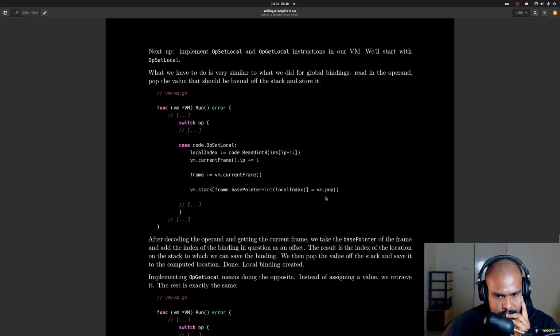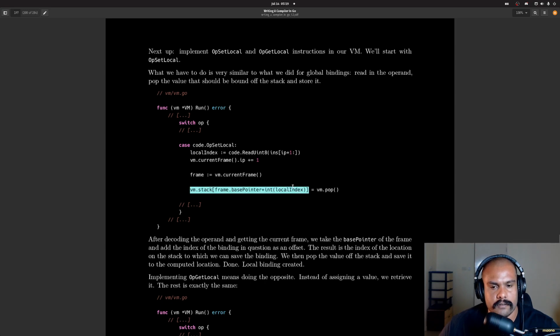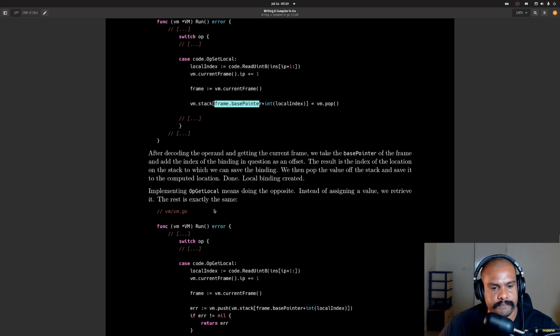So it's more or less the same as global, except for this small detail. But I guess even this, it's exactly the same as global. It's just the base pointer that changes.